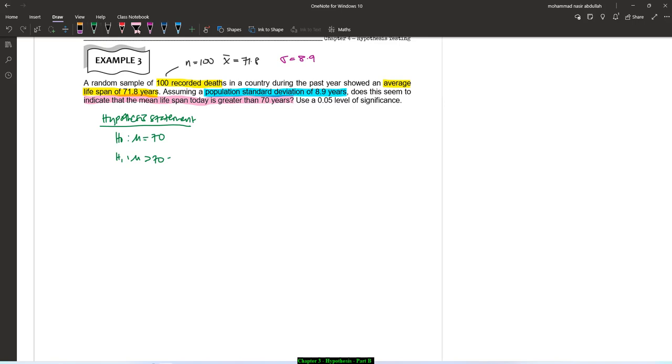Based on this statement, we know that we have a one-tail test, on the right side, more than 70. Next step is to indicate our significance level. We are using the 0.05 level of significance, so alpha is equal to 0.05.